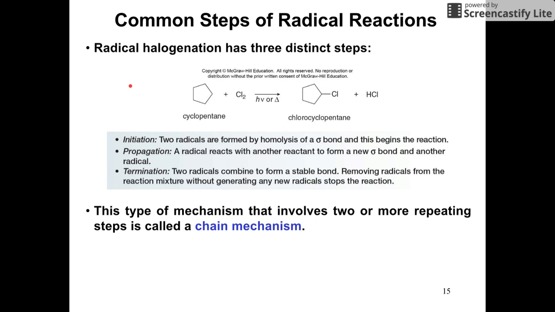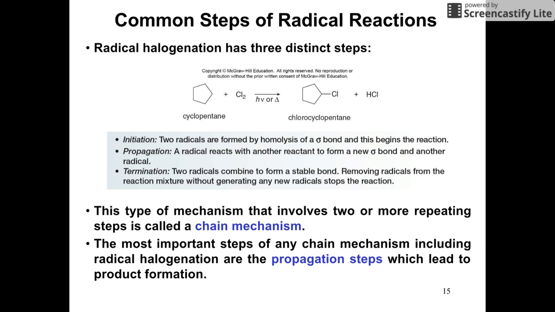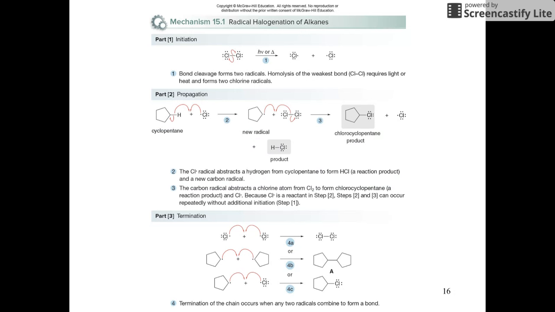If we want to look at this, again, it's a chain mechanism, and propagation, as it turns out, works out to be the most important in these types of reactions. So if we look at this mechanism, again, initiation, we break homolytic bond cleavage to make chlorine radicals. That chlorine radical then will react with cyclopentane and abstract the hydrogen.